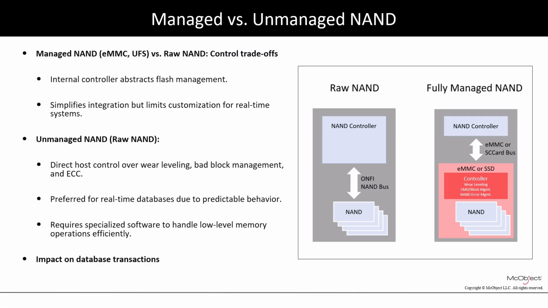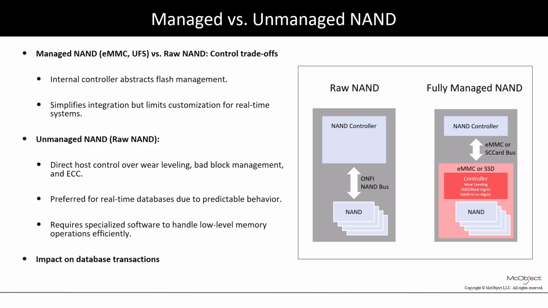Managed NAND provides a convenient solution for general-purpose storage, but hides critical flash operations inside an internal controller, making real-time transactions all but impossible to guarantee. This abstraction can introduce delays when the controller performs background tasks like garbage collection.